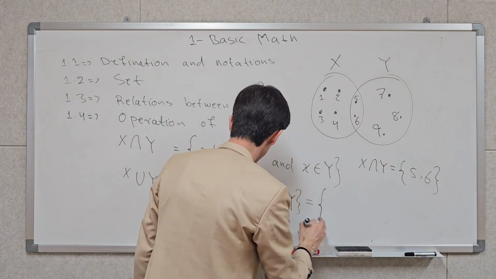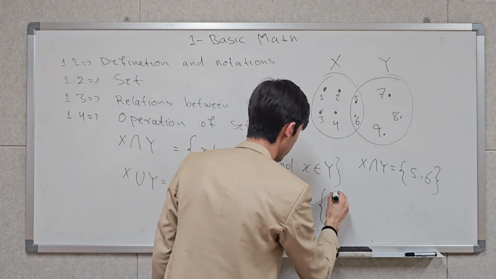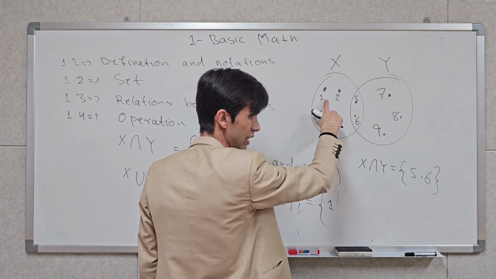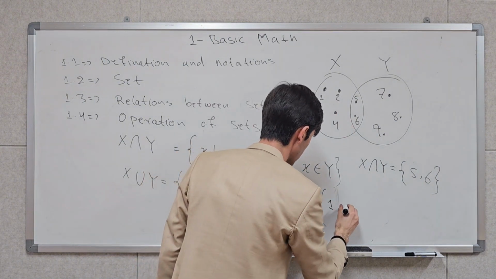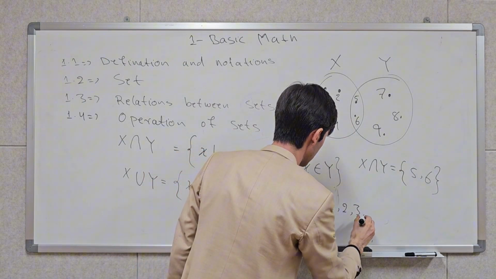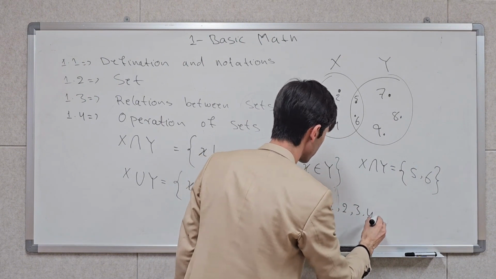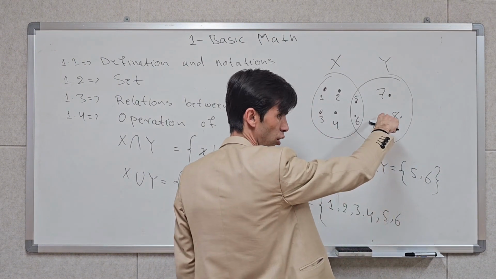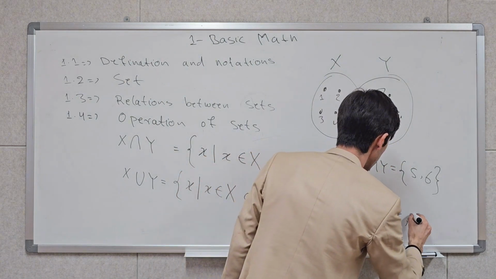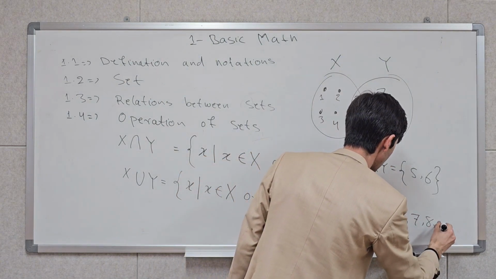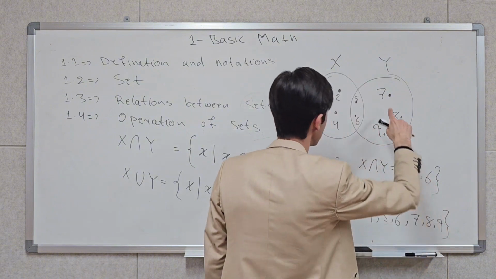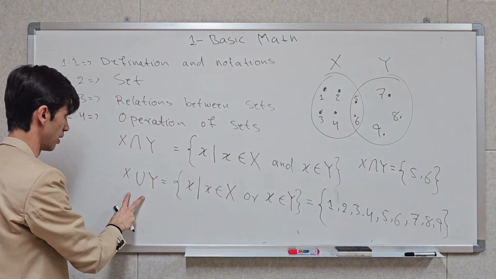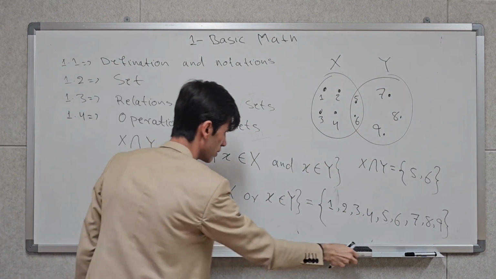So the union of these two sets becomes 1, 2, 3, 4 that we have in set X, 5 and 6 that we have at the same time in both, and also 7, 8, and 9 that we have only in set Y. So this is the union of two sets.